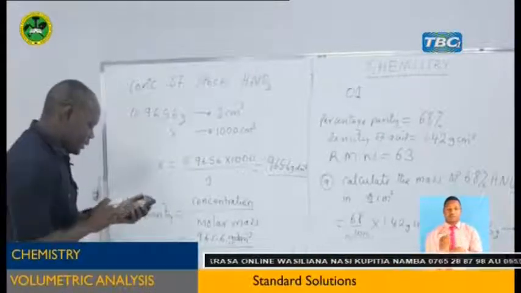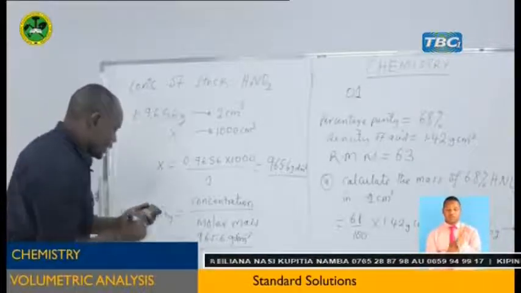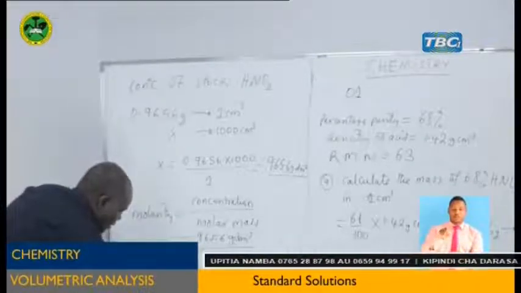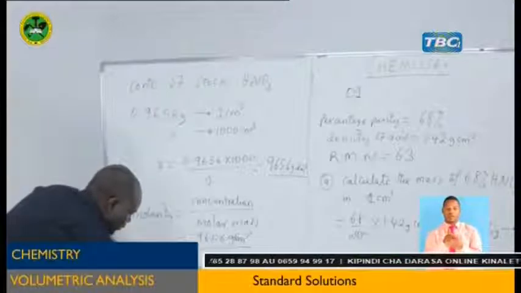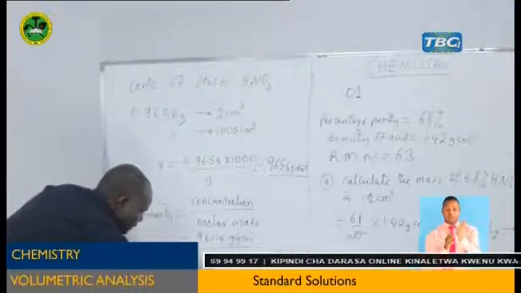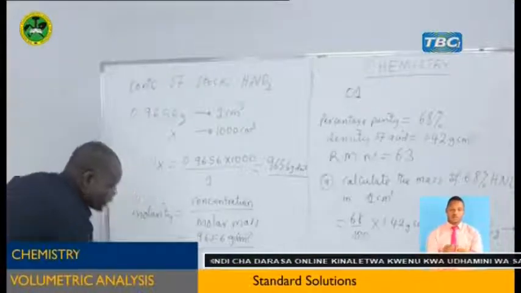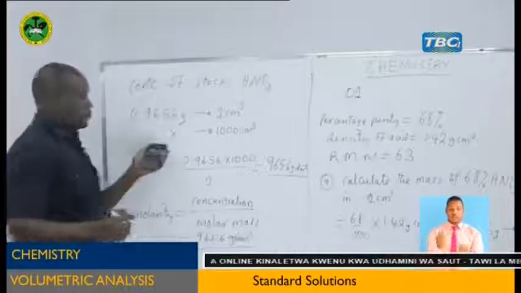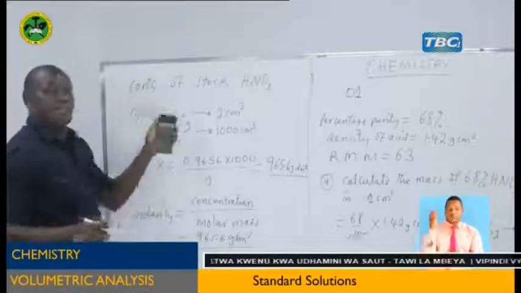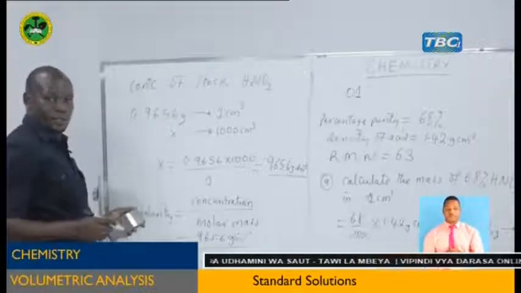So if we divide by 63, you get the answer, which is 15.3 molarity. So this will be the concentration of the stock solution, which is nitric acid solution.